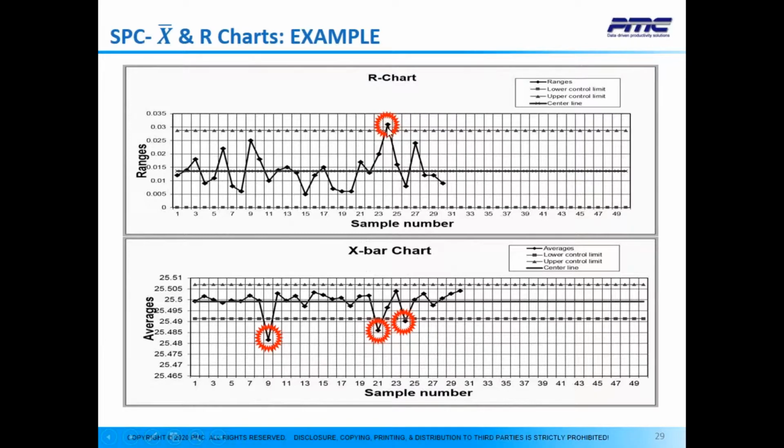And when you look at the ranges, only 1 data point, 24, failed the special cause test. So in this case, we say our process is out of control.